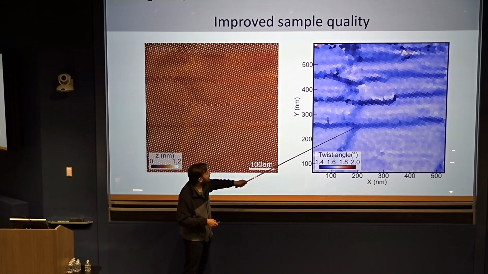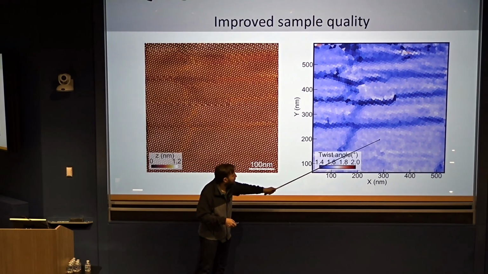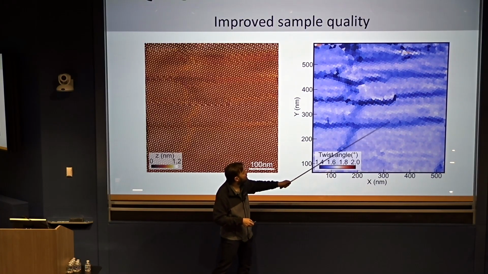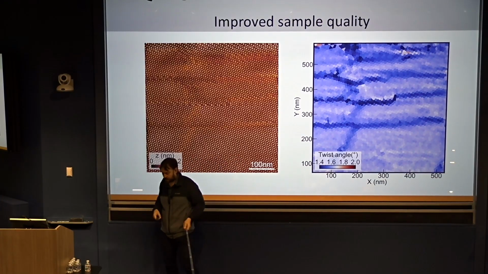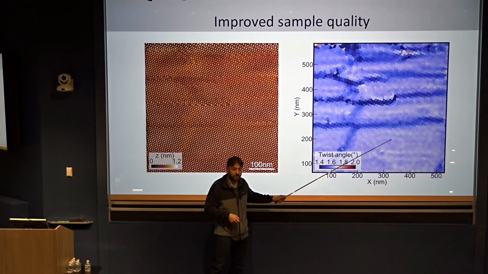So you can see that the twist angle is somewhat uniform in this particular region, but as you go across these locations, the twist angle can produce all kinds of gradients and all kinds of strains.